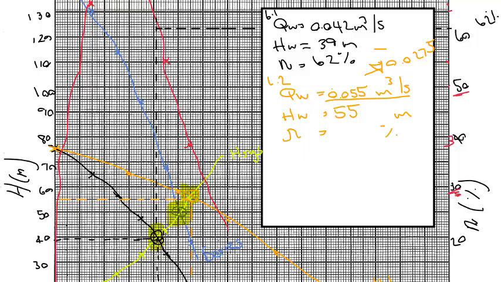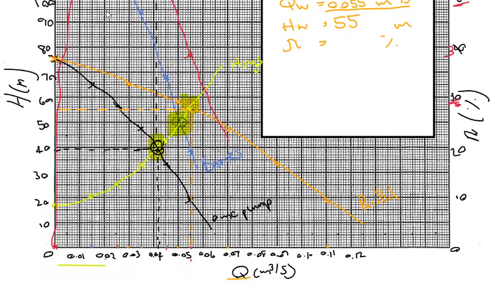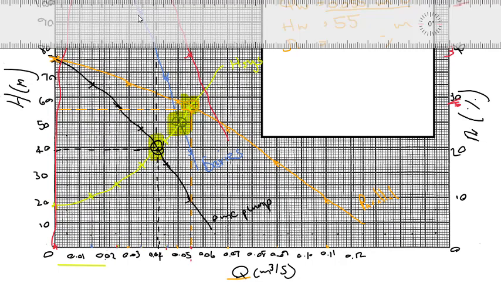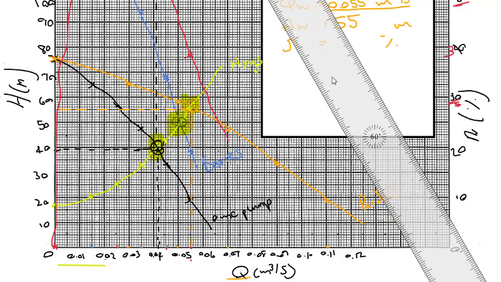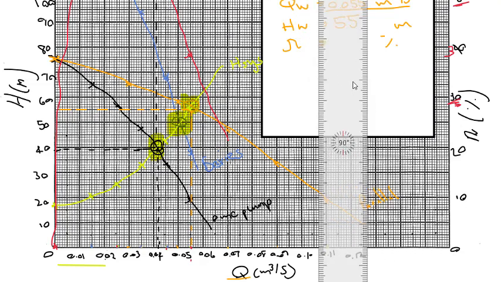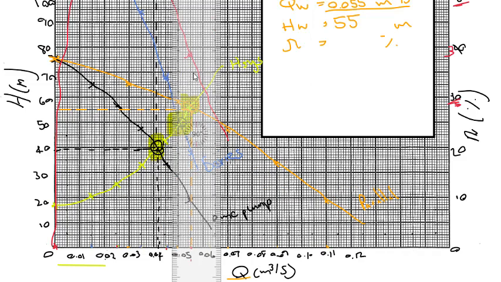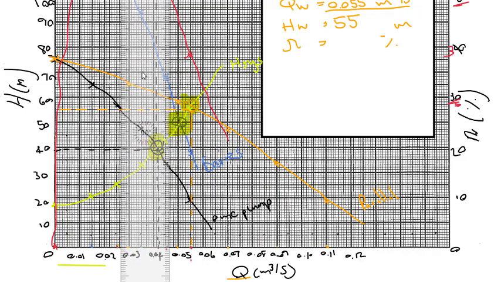Okay, and that's the value that you're going to have to use to read off your efficiency. So let's put on our ruler again. Let's rotate it 90. And let's see, where is 0.0275?